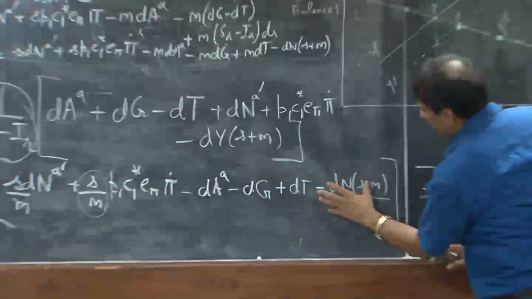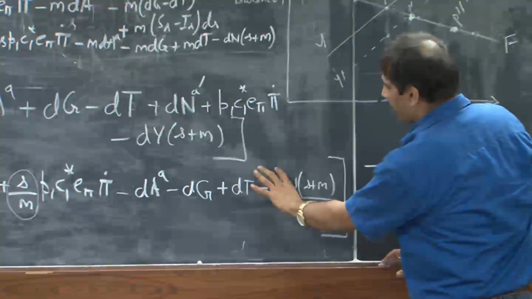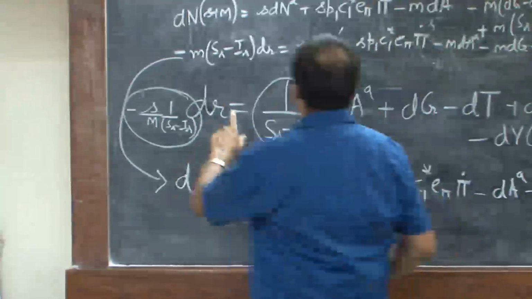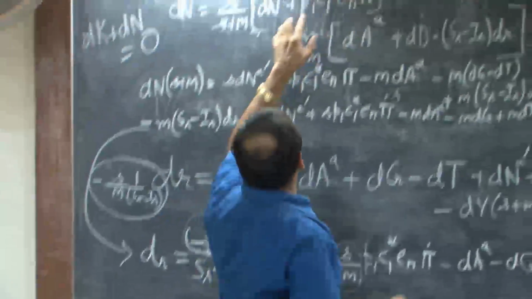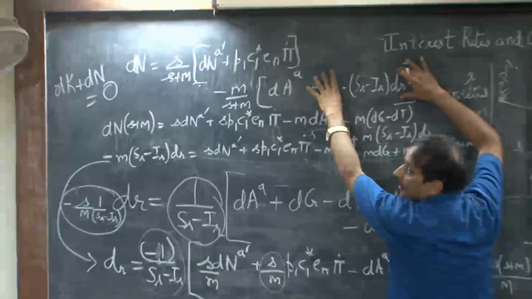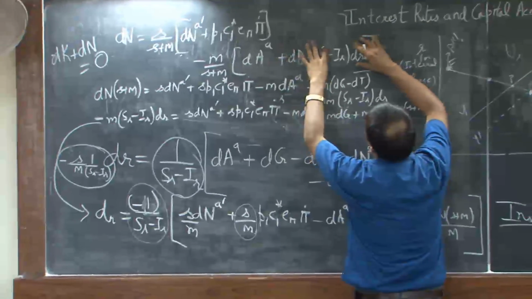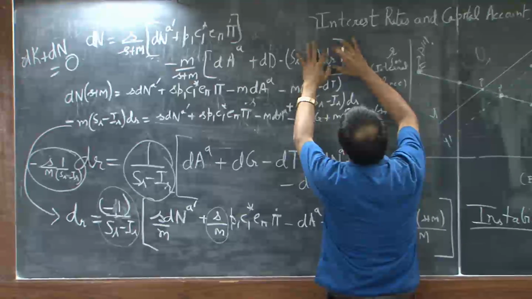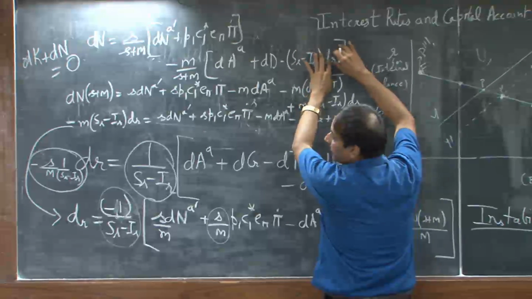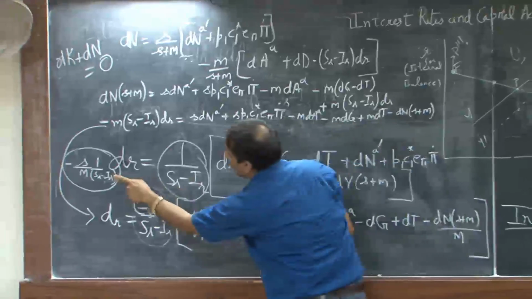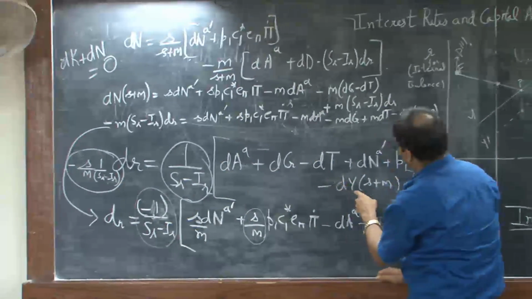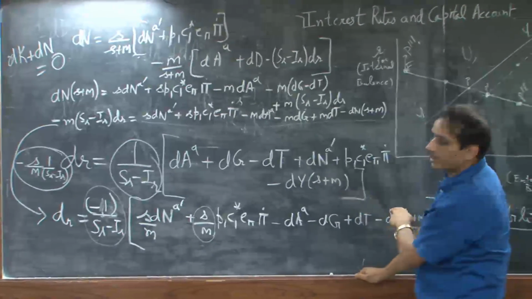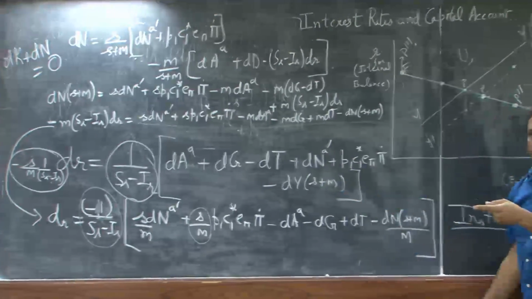So you can bring in this dk here, and you can replace this. But then this is happening because, remember this term, that dg term, we opened it to be dd minus sr minus ir dr. Okay? And so we are explicitly taking into account these interest rates. And when you say slope is the impact of, for a unit change in exchange rate, what is the change in the interest rates?